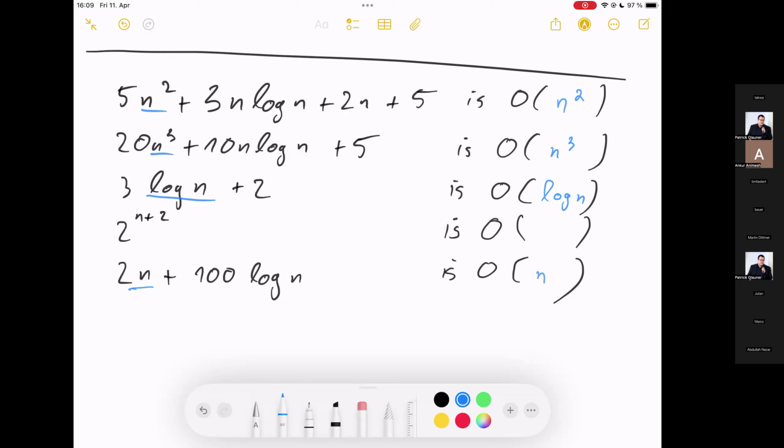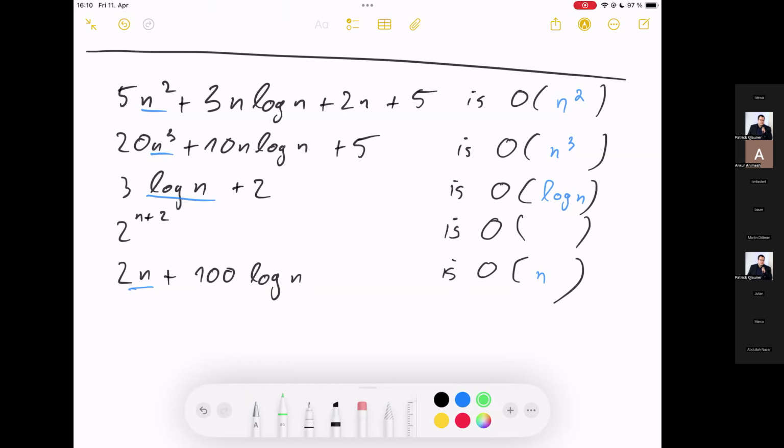And now I have skipped one, and I want you to think about what could be the O complexity of 2 to the power of n plus 2. Any suggestions? Is it 2 to the power of n? Yes, and why?